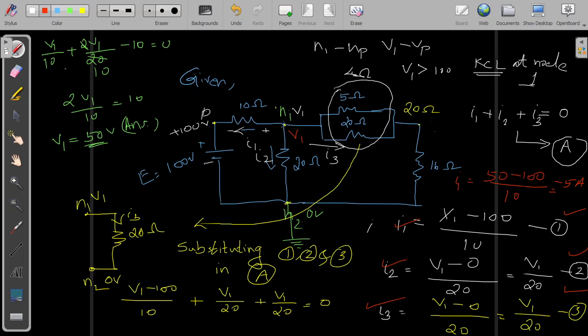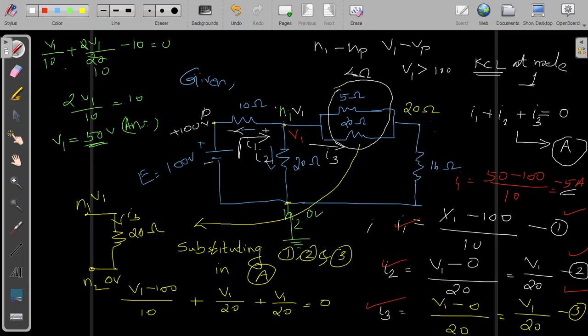So the negative direction of I1 will be just opposite, like this. So this is minus 5 ampere.